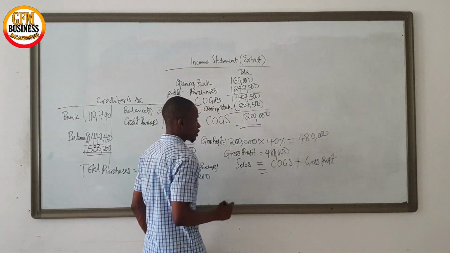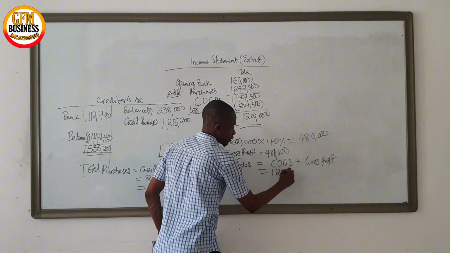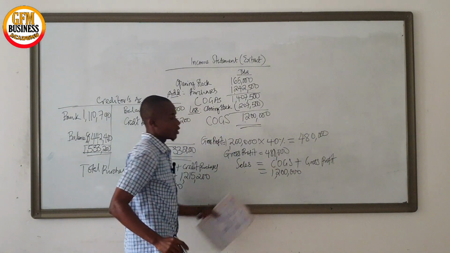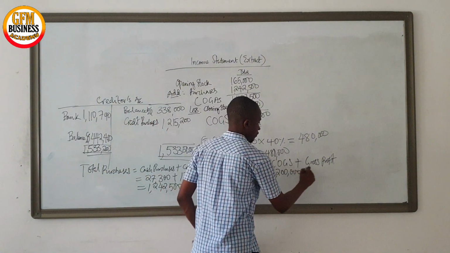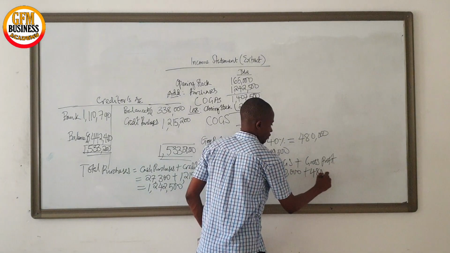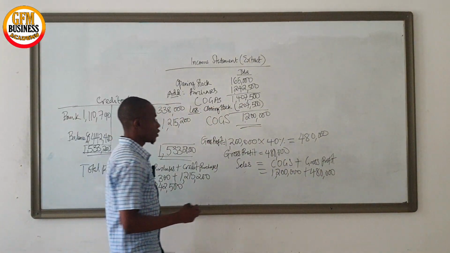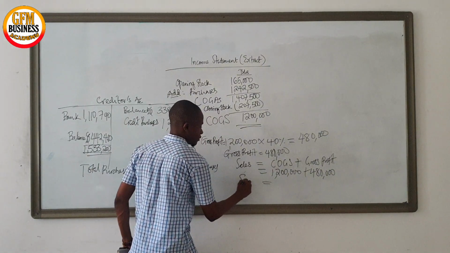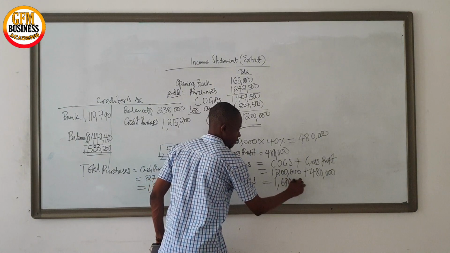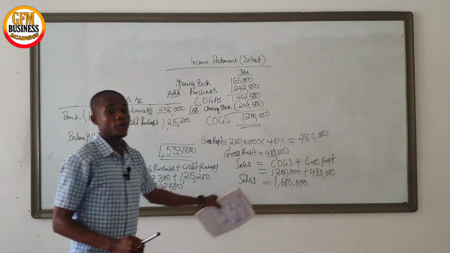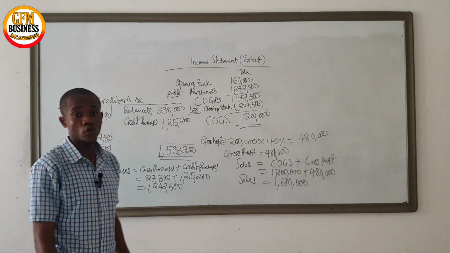Cost of goods sold was 1,200,000. You add 480,000. Find the total. You will discover that sales is equal to 1,608,000.